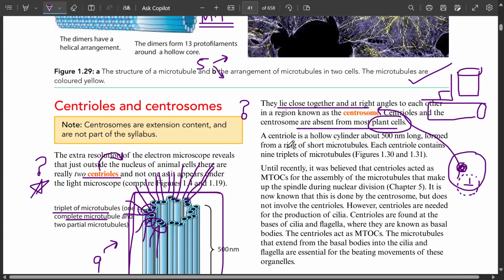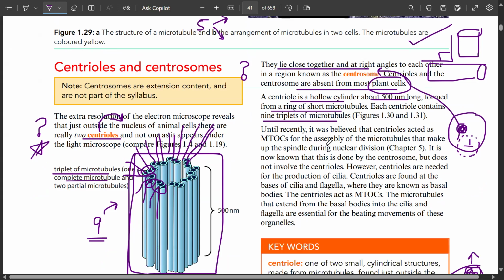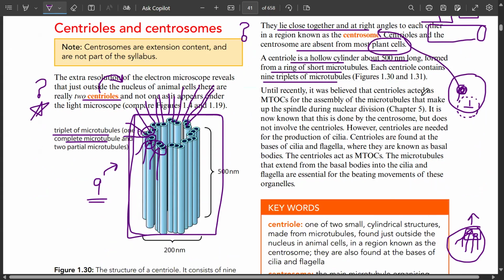A centriole is a hollow cylinder about 500 nanometers long, formed from a ring of short microtubules. Each centriole contains 9 triplets of microtubules, and until recently, it was believed that centrioles acted as MTOCs for the assembly of microtubules that make up the spindle. Out of these microtubules come spindle fibers.